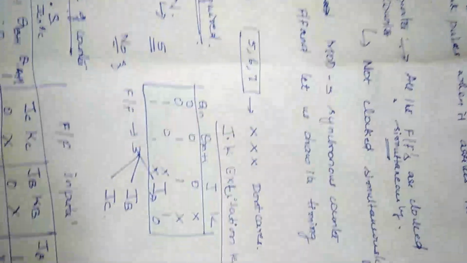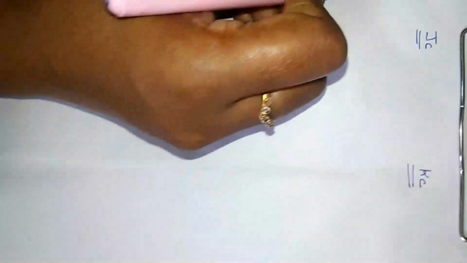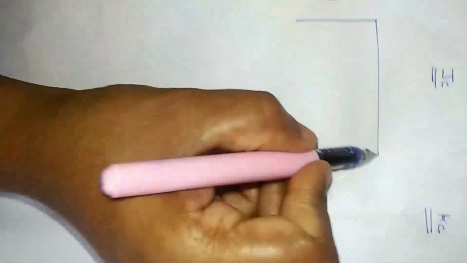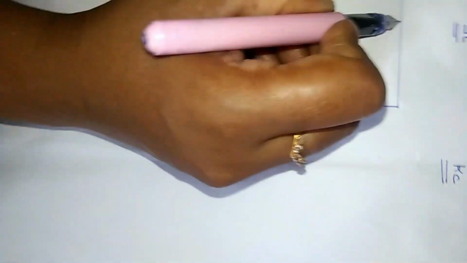Okay, then the next is the representation of the K-map. Let me turn the page for you all. Then the representation of the K-map using the inputs of JC, KC. Let us design for JC, KC first. Take the inputs of QC, QB and QA.